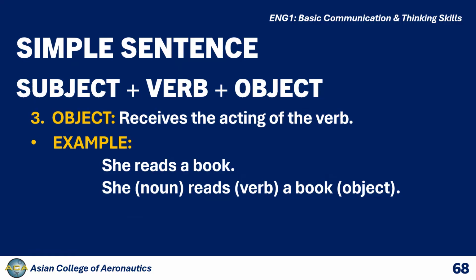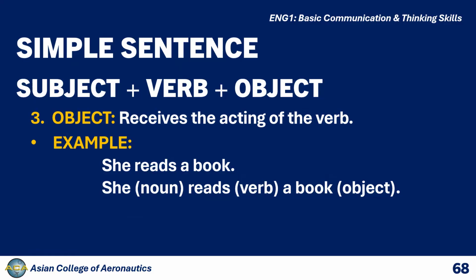Let's say, for example, "She reads a book." The noun here is "she" because it is the topic. Now, what is the action word presented in the sentence? We have "reads." And what is the receiver of the action "reads"? It is "a book."